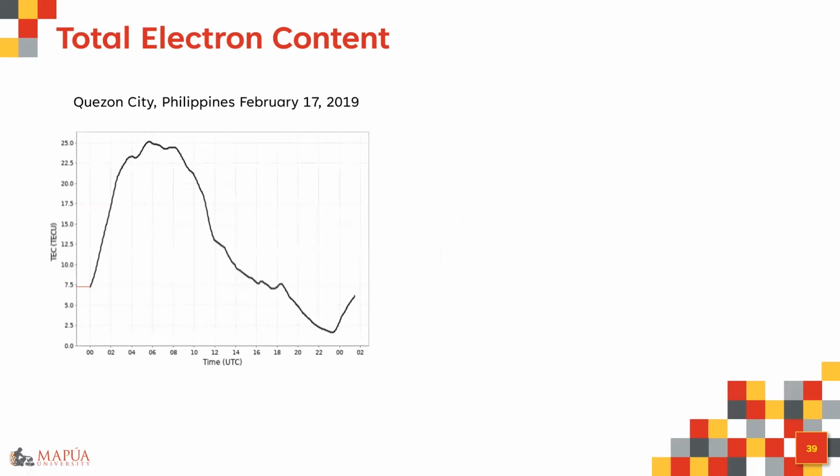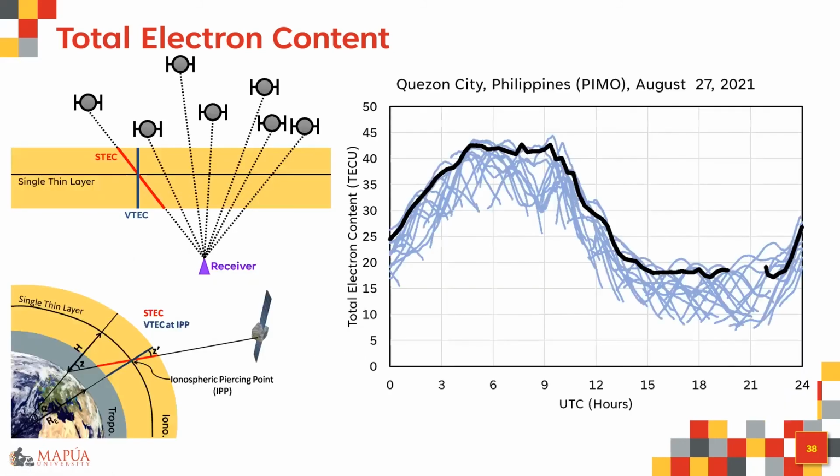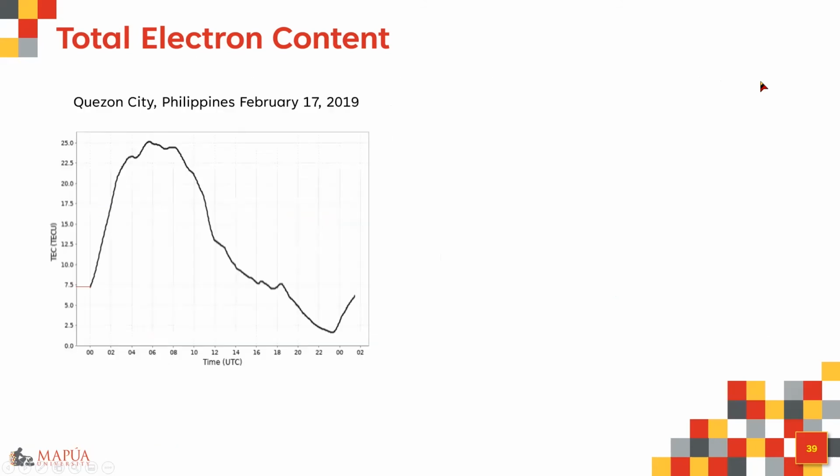Two years ago, February 2019, this is another example of total electron content measured using the same receiver. As you will notice here, the peak TEC is about 40 to 45 TEC units in 2021, but in 2019 it's only about 20 to 25.